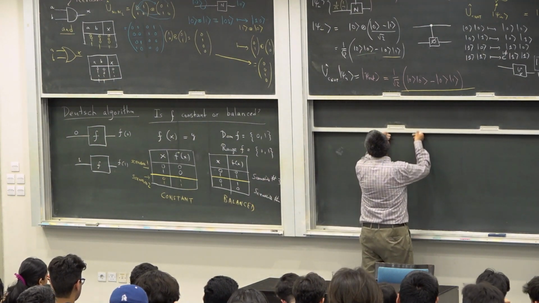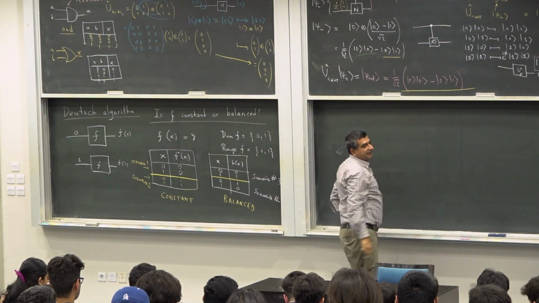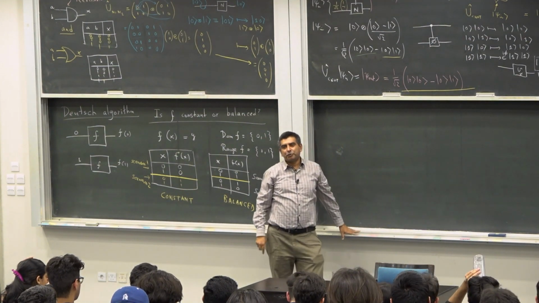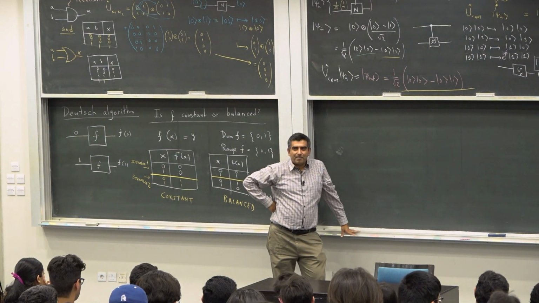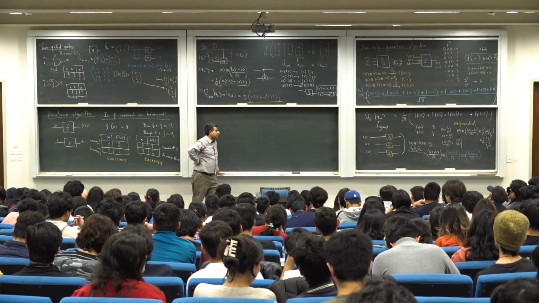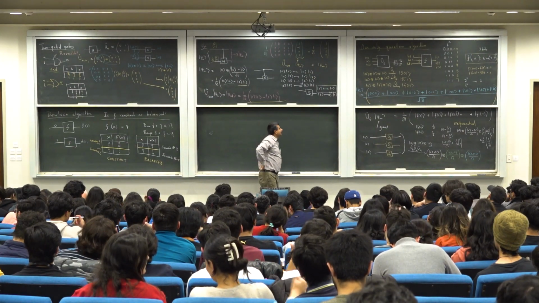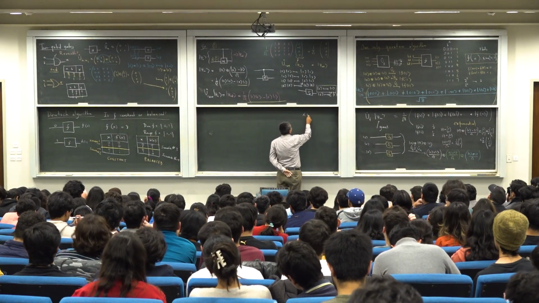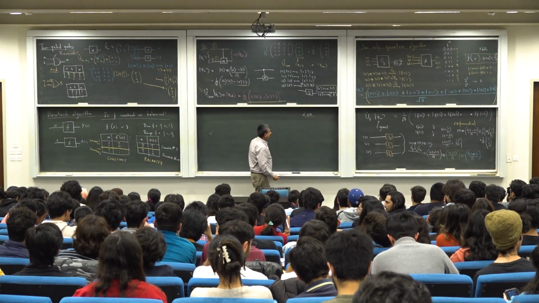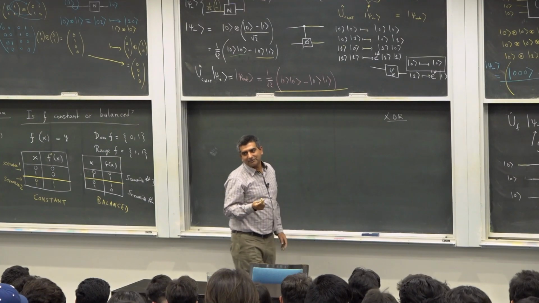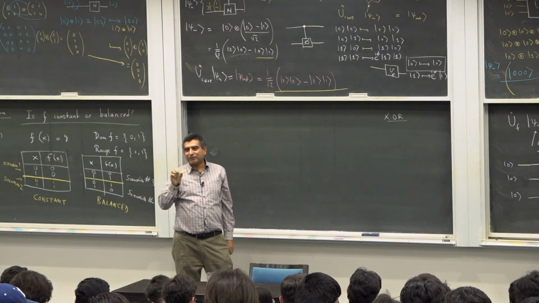In order to be able to do that, I need to define another 2-qubit gate. Right? Now, does everyone know what an XOR gate is? Alright, so I'm going to explain what an XOR gate is. XOR stands for exclusive OR.